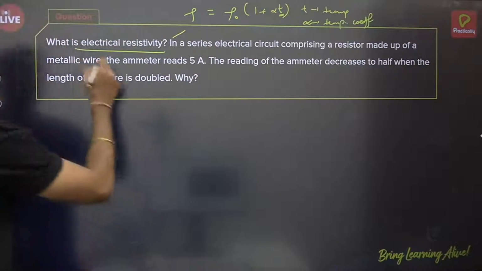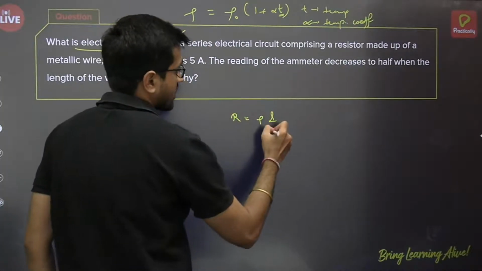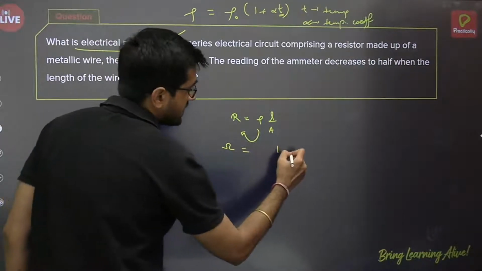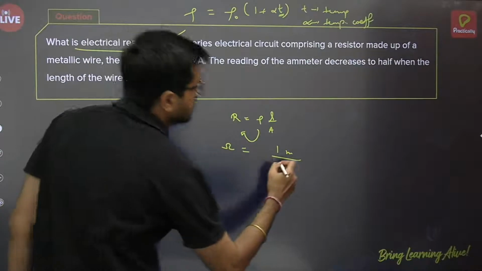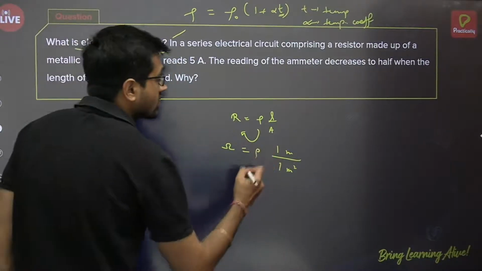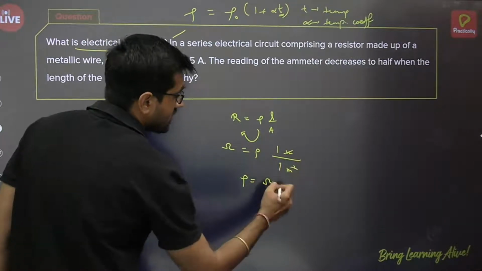Okay. And in general, R is equal to rho L by A. So the resistivity equals the resistance for 1 meter length of the wire with 1 meter square cross-sectional area. Then rho is nothing but ohm, then this will cancel meter.